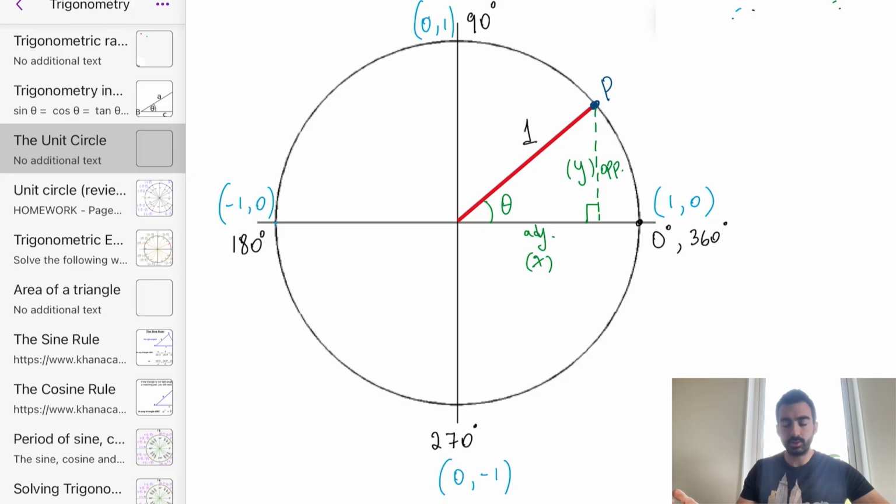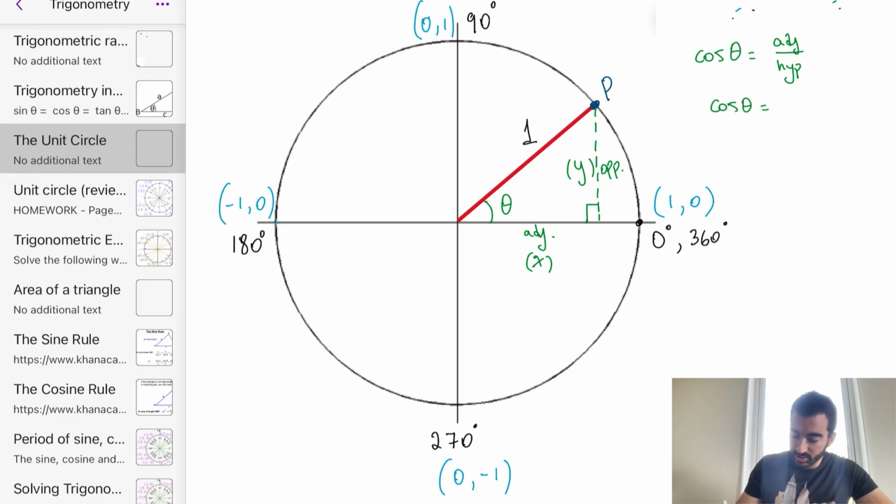Now, to find the coordinates of P, I can use the trigonometric ratios. I can start with the cosine of theta, which is the adjacent over hypotenuse. So cos of theta is the x, which is the adjacent, over 1, which is the hypotenuse. So that means x is equal to cos theta.